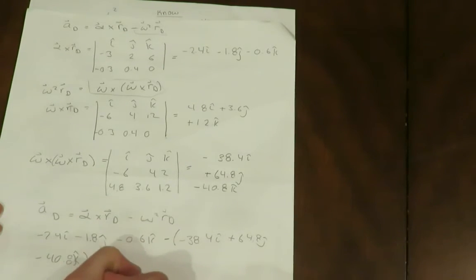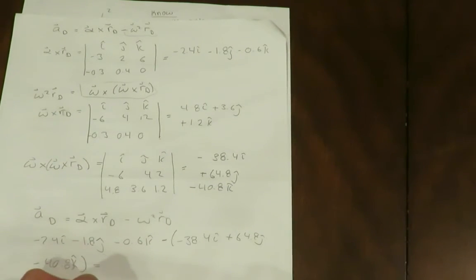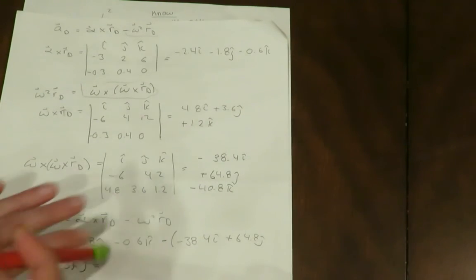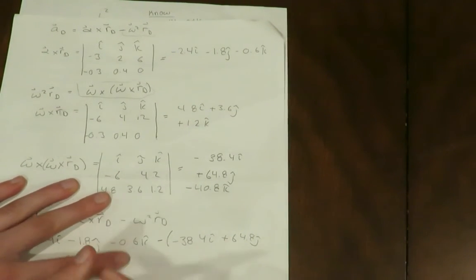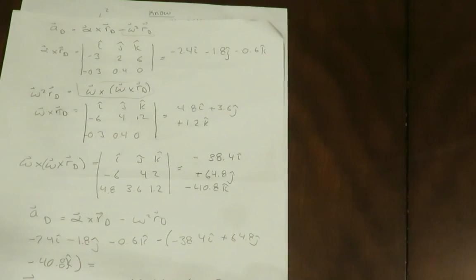When we work that all out, the acceleration of D is equal to 36 i hat minus 66.6 j hat and 40.2 k hat. And there you have it.